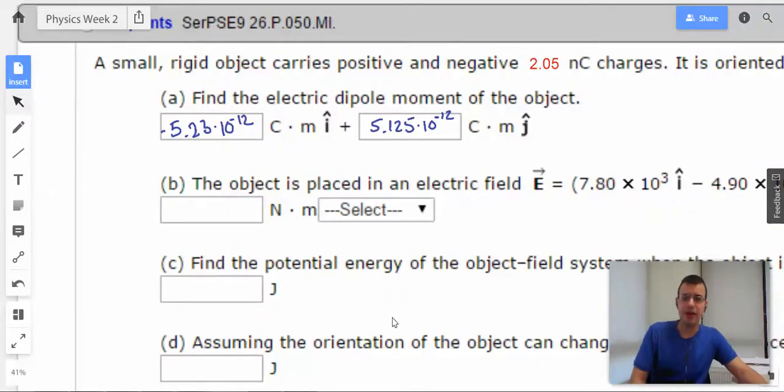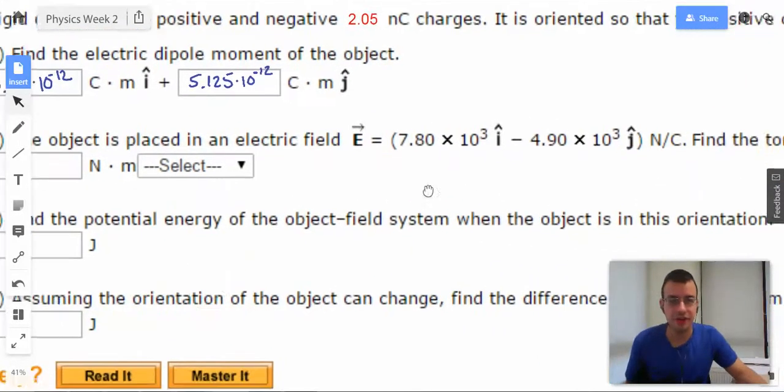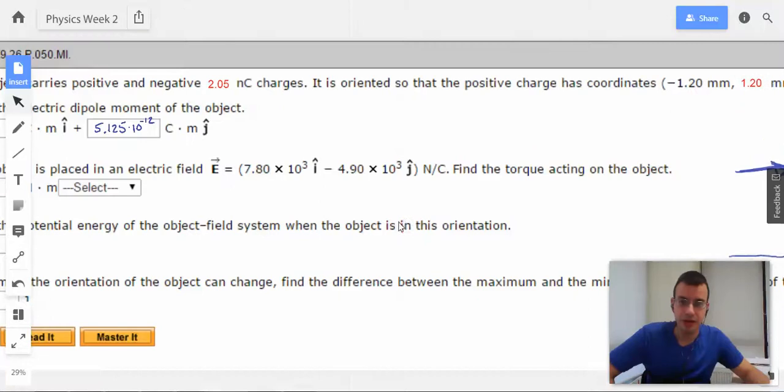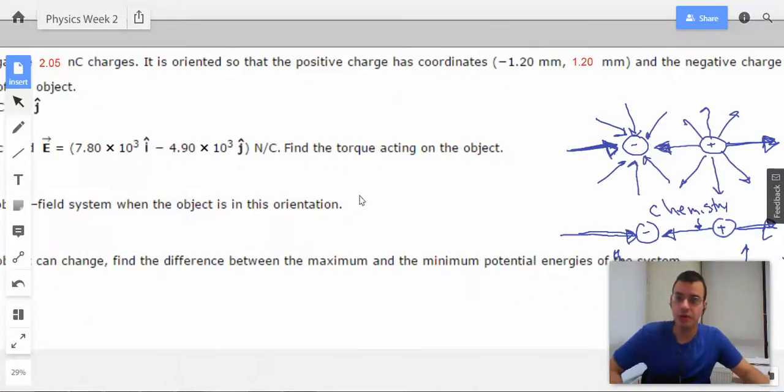All right, so now we have the object is placed in an electric field of 7.8 times 10 to the 3rd minus 4.9 times 10 to the 3rd, i's and j's respectively. All right, so I'm going to draw this out. So 7.8 is kind of like twice 4.9.